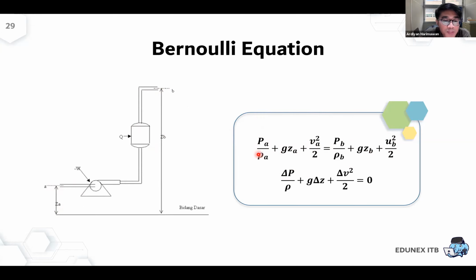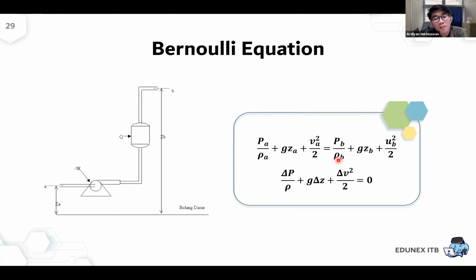It means since the total energy at point A is the same as the total energy at point B, when the potential energy is increased, the other types of energy should decrease. And in this context, if we assume the pipeline diameter is constant, it means the velocity, VA and VB, or UA and UB, is also constant. And then only pressure energy will decrease.